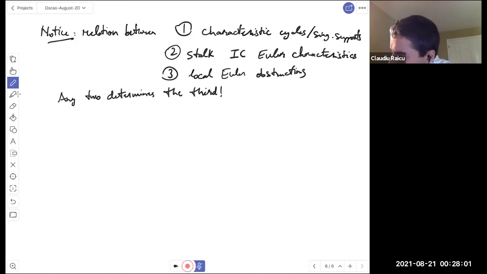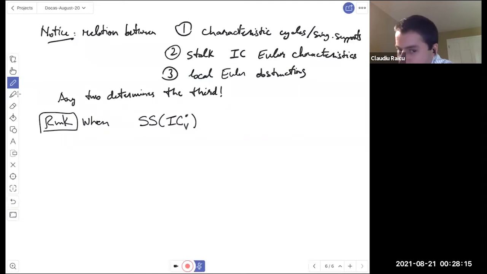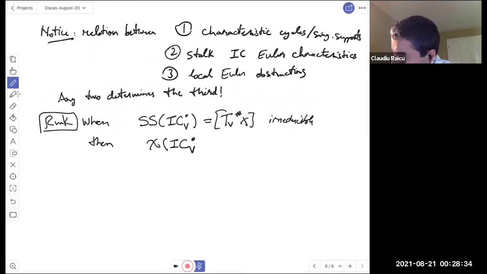Maybe one remark to be made is that in the situation when the singular support, these characteristic cycles of simple modules, is in fact irreducible, then the Euler obstruction function is the same as this stalk intersection cohomology Euler characteristic.